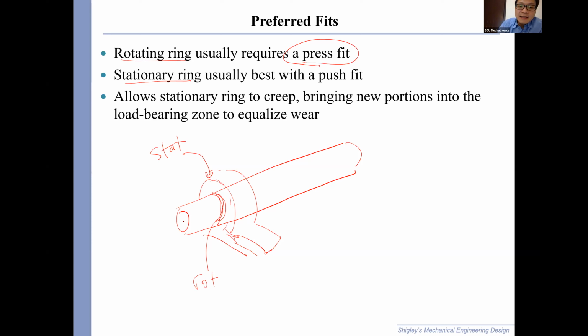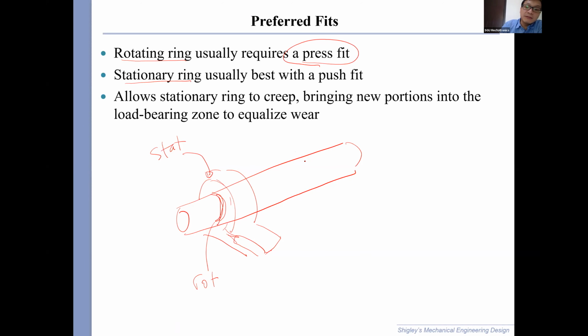This also allows the stationary ring to creep, bringing a new portion into the load bearing zone to equalize wear. So it's going to expand when it gets heated up, and over time it also creeps, right? It lengthens. So you allow some expansion in the stationary ring. This will give you a longer lifetime.